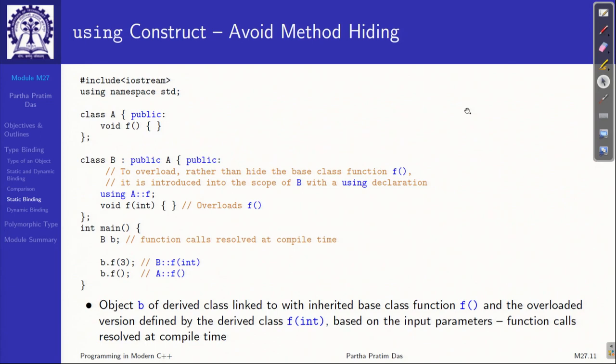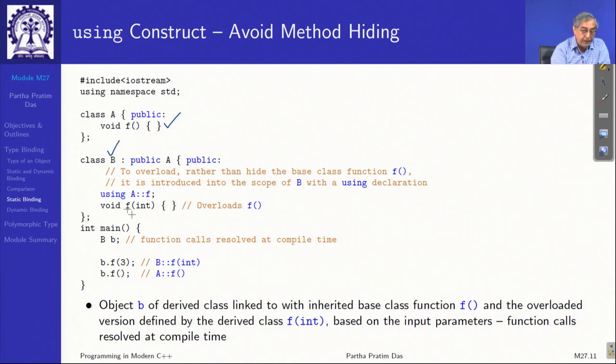Now, we were talking about what happens if I inherit a function from the base class and then override it or want to overload it. Say for example, I have a class A with a function f and B is inherited from that.